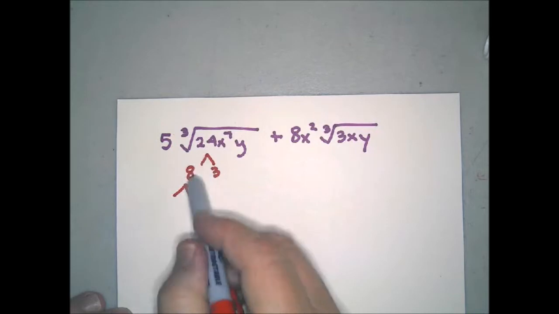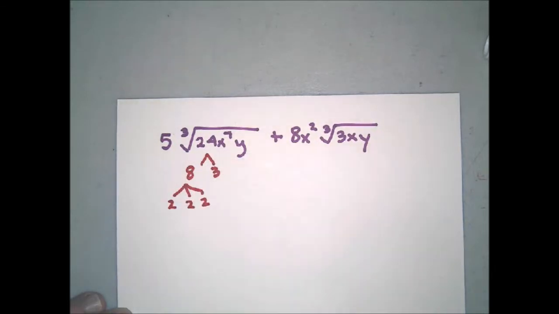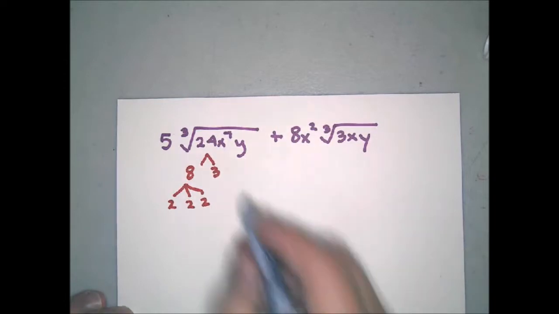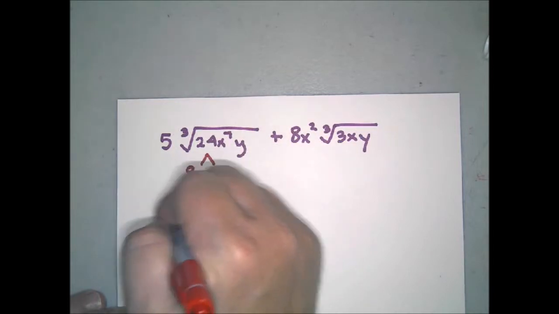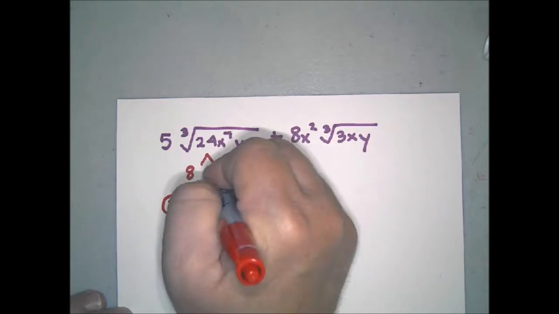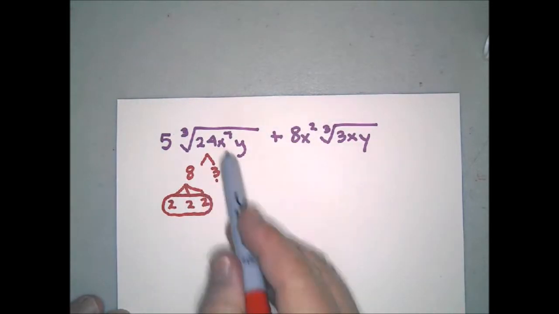You should remember that 8 is made up of 2 times 2 times 2. That just saves you a minute or two. So 24 is 2, there's a group of 3 2s, and the extra 3.